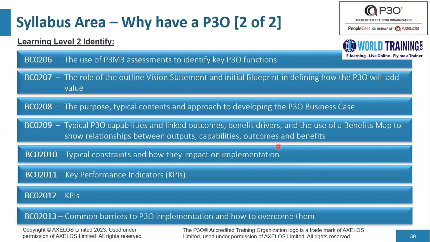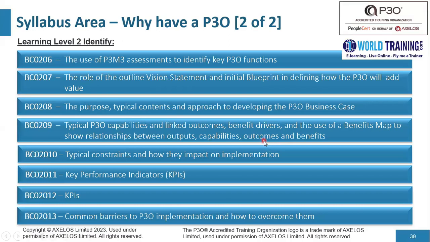We might articulate the benefits that we would like to see, and think about how those benefits would be supported by certain outcomes, and how these outcomes would be supported by having these capabilities in place, and how do we have these capabilities in place by having these outputs in place. So you could map it either way.